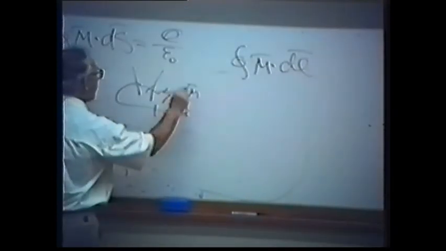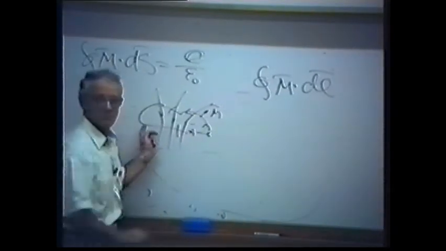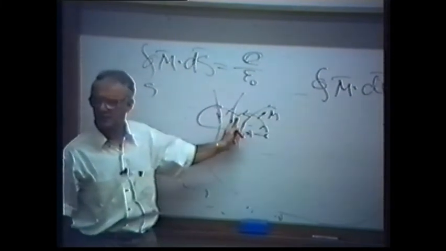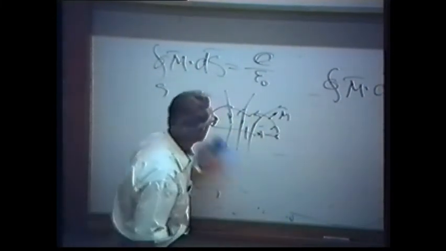And what is the device? It tells you how many generators of the second type are going through any surface surrounded by this contour. Is it a clear picture? I'm not a good painter. Just a second.